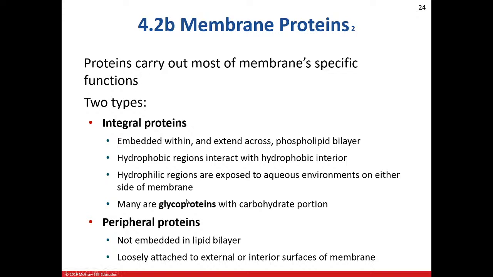They also have a hydrophilic region, which is perfectly comfortable being exposed to the water, the aqueous environments on either side of the membrane. And many of them are going to be glycoproteins with a carbohydrate portion. Peripheral proteins are again not embedded in the lipid bilayer, and they are only loosely attached to either the external or the internal surface of the membrane.